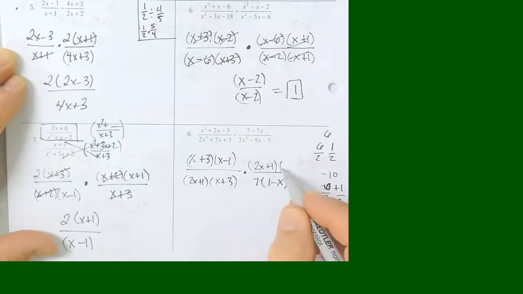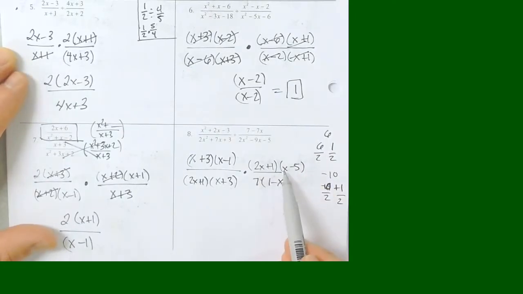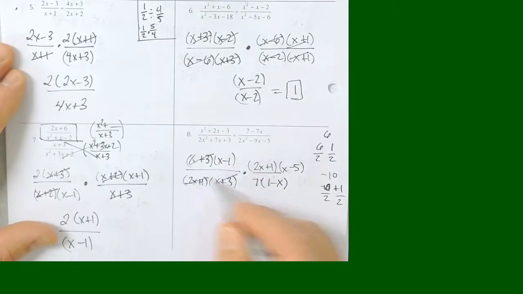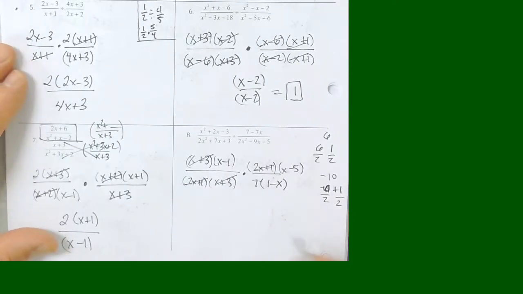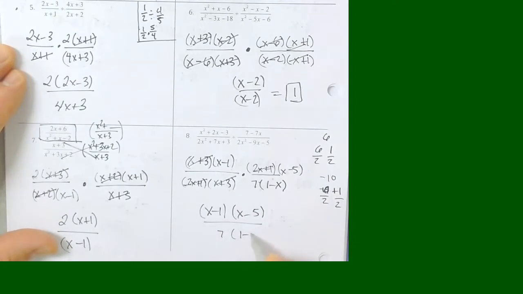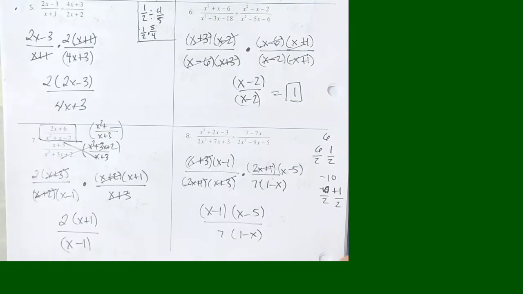And that gives me x minus 5. 2x squared minus 10x plus x is negative 9x minus 5. Let's see what cancels. X plus 3's cancel. 2x plus 1's cancel. I have x minus 1, x minus 5 over 7 times 1 minus x.